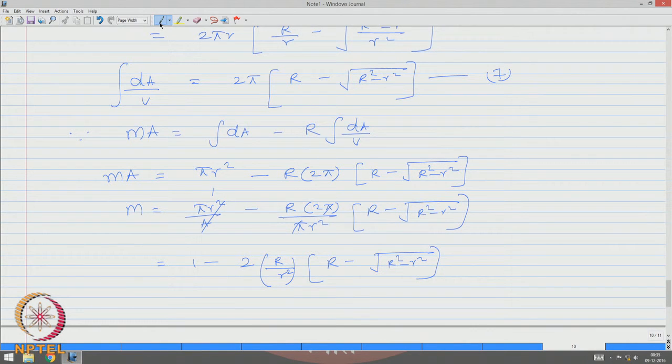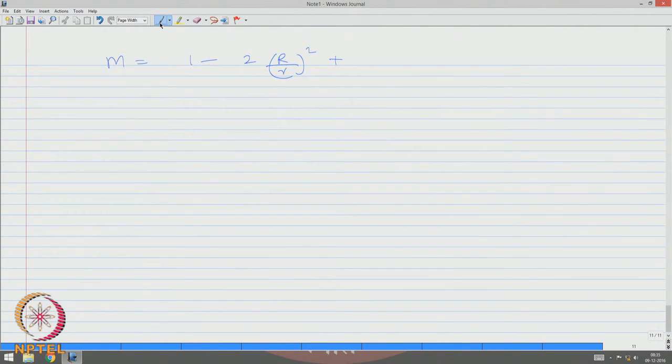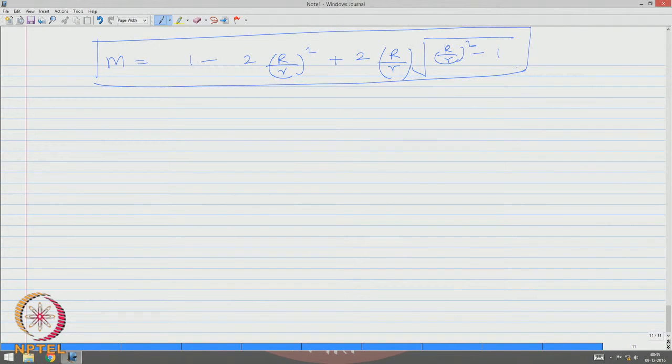The third term will be plus twice of R by r root of R by r the whole square minus 1. So, that is going to be my cross sectional property parameter M for a circular cross section. Equation number 8.